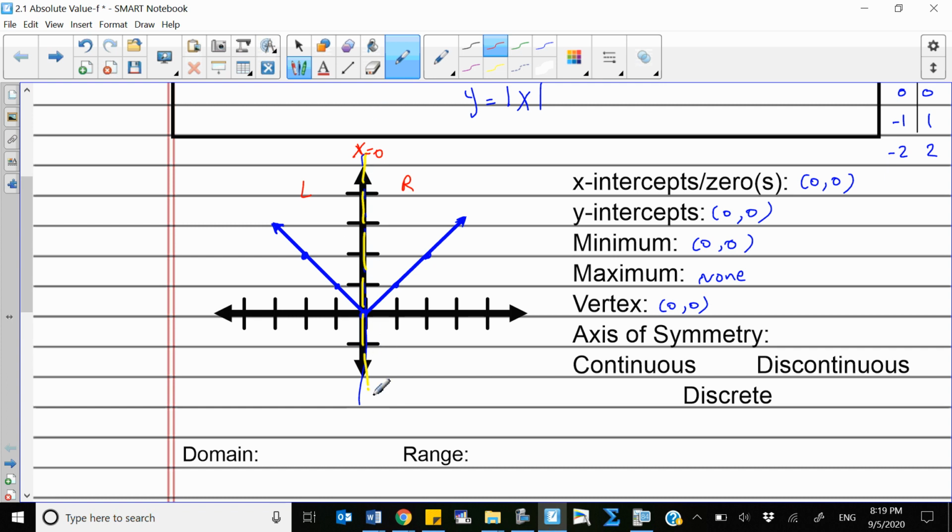So that means we have a symmetry here, and axis of symmetry is x equal to 0. This function is continuous because if I put my pen on the graph and just try to follow the path from the beginning to the end, I don't have to pick up my pen and continue at any point. Like all the points are continuously going forward. So this function is continuous.